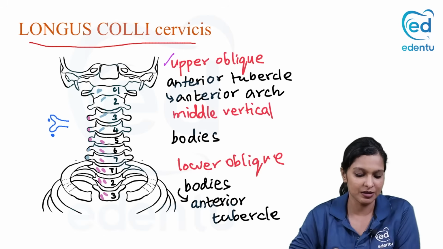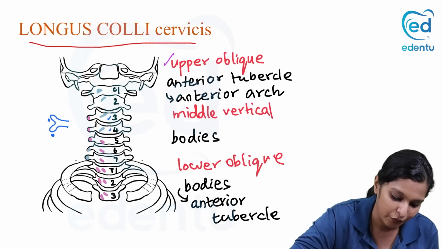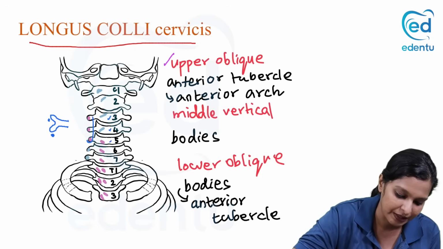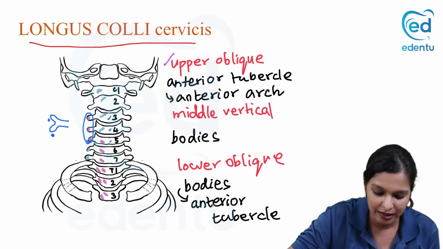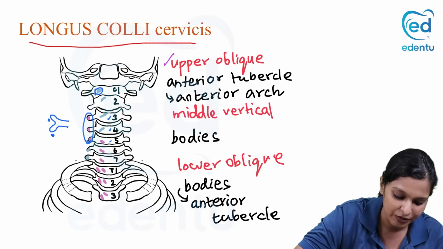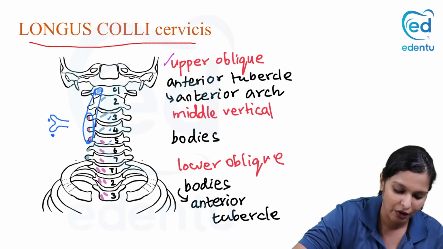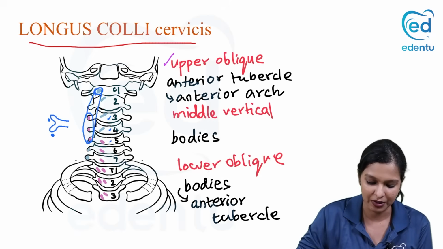Now this muscle is related to the anterior tubercle of C3, 4 and 5. So that is these 3. It originates there, and it inserts into the anterior arch of the atlas. So this is the origin and insertion of the upper oblique part of longus colli cervicis.